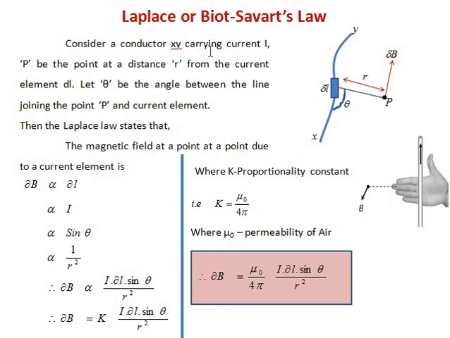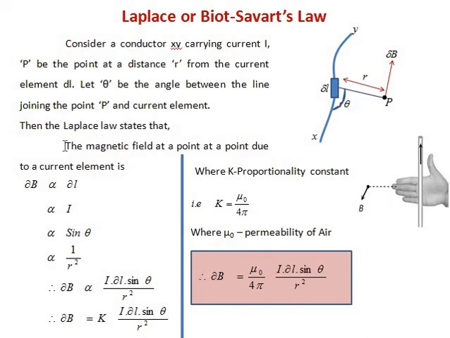Consider a conductor XY carrying a current I ampere. P is a point at a distance r from the small current element dl, and the angle between the current element and the line to point P is theta.